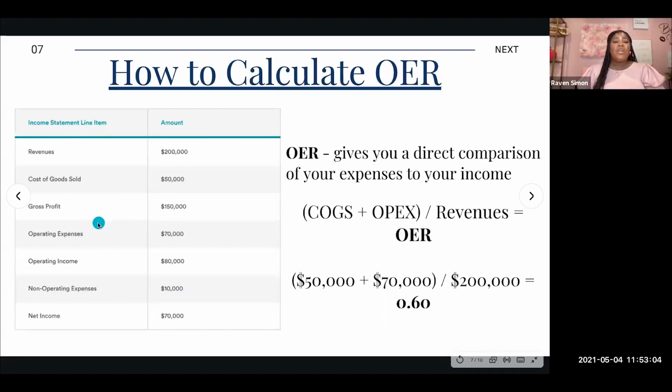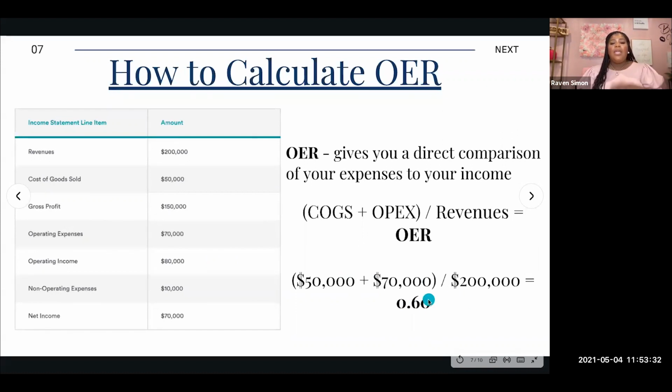So you're going to put that into your OPEX calculation, and then you're going to see how this number changes, and whether you can sustain it. For instance, if you add in the salary and it changes your OER from 0.60 to 0.90, you're probably like, I can't hire somebody right now, or I need to lower my expenses before I hire somebody.